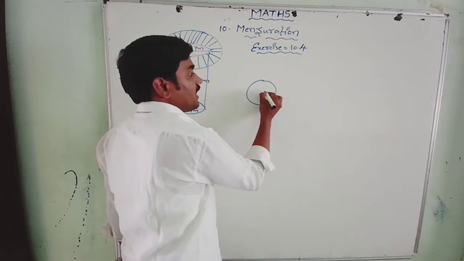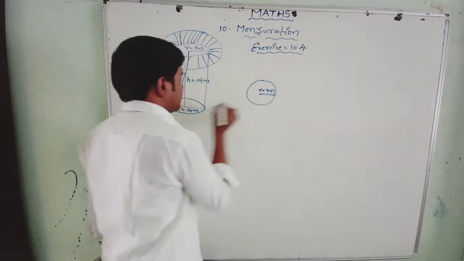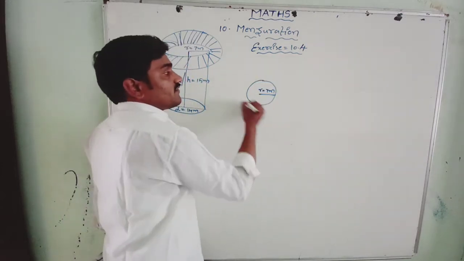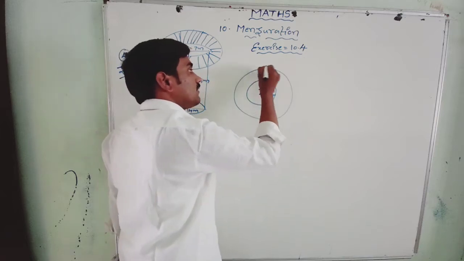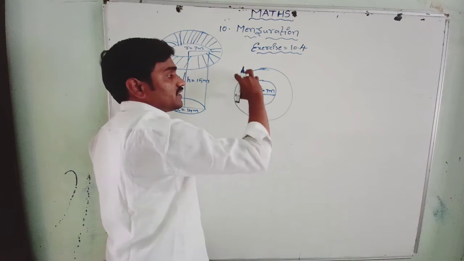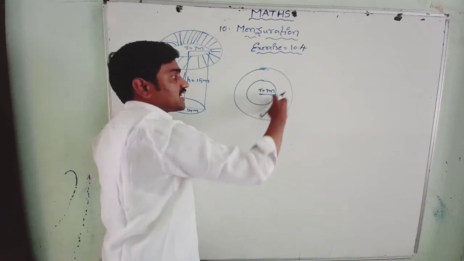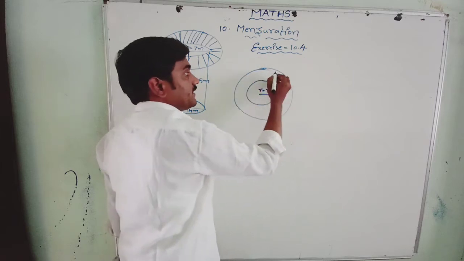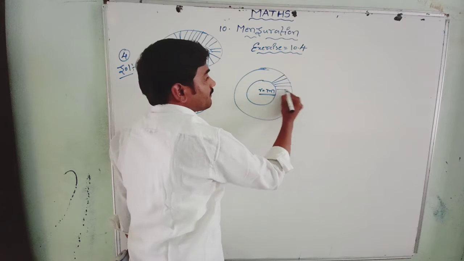ఆ ఎంబాంక్మెంట్ ఎలా ఉంటుందంటే, the well having radius 7 meters, diameter 14 కదా. So this is a well. So around this well, the earth which we got from the well, he constructed an embankment here. He constructed an embankment.